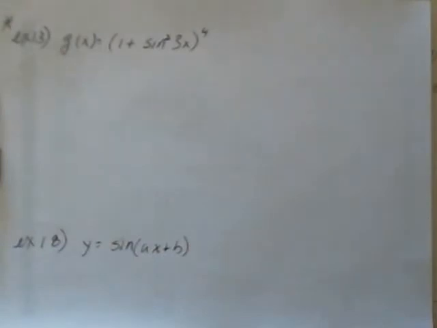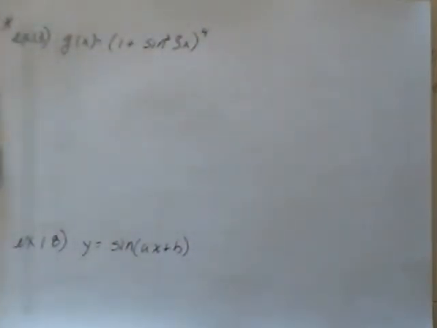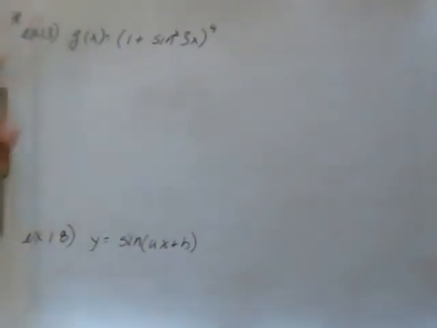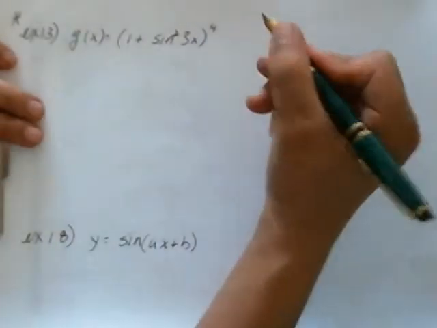Next problem. Example number 13 is a little bit difficult. The g function is equal to 1 plus sine squared of 3x to the 4th power. I spent about maybe 30 seconds trying to figure out how I'm going to attack this. The sine squared, I'm going to rewrite this really neatly.